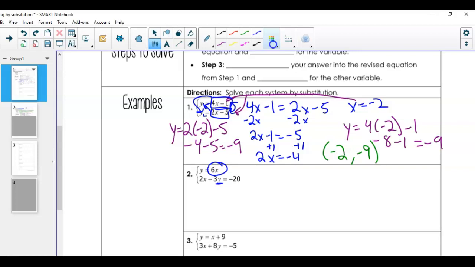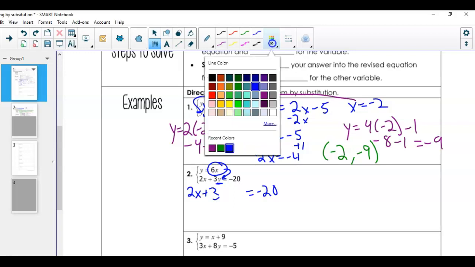So where that second y is next to 3, I'm going to put 6x in for that. This is the substitution part of this method. So what I'm going to do is rewrite the second equation with the first equation in it. I'm actually going to change the color of it so it stands out a bit.